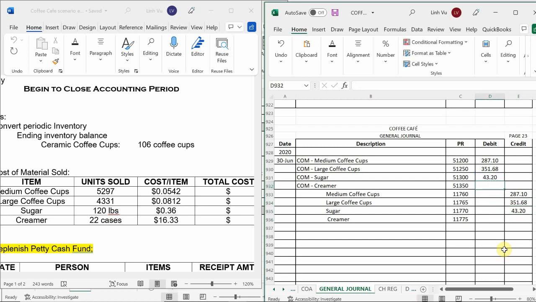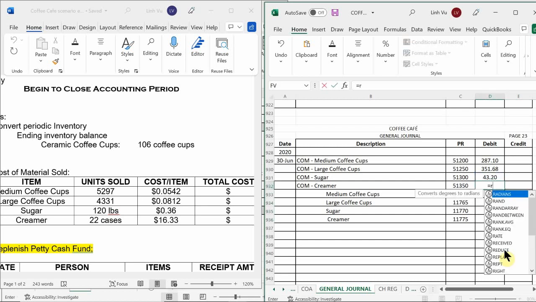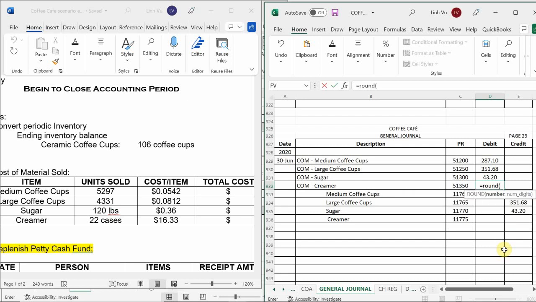And then for the creamer, equals round, we used 22 cases, and it's going to cost me $16.33 per case, comma 2. So that's going to give me a total of $359.26 that we used. Okay, and we have everything that we need.